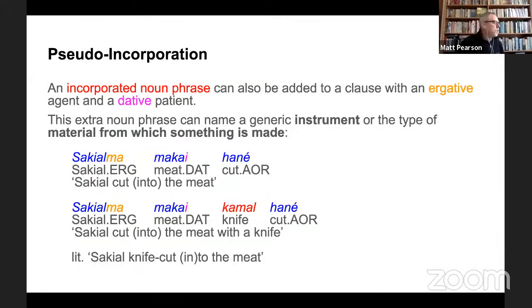So you could take a sentence like Sakyalma makai hane, Sakyal cut the meat or cut into the meat. And I could add an unmarked pseudo-incorporated instrument noun in front of cut, kamal, knife, to give what's literally Sakyal knife cut the meat, or Sakyal knife cut into the meat. So kamal here names the type of instrument that's used.